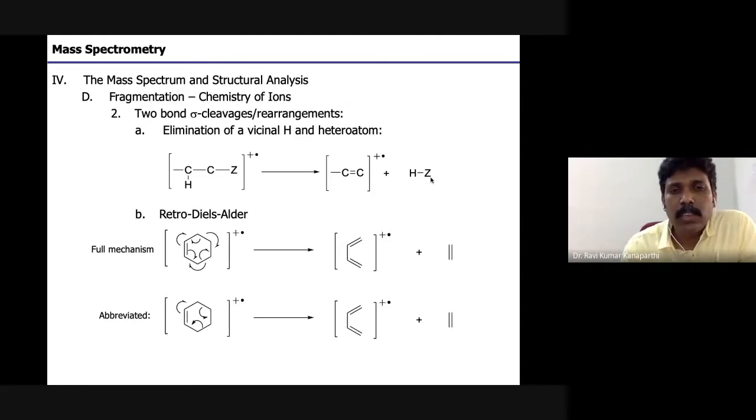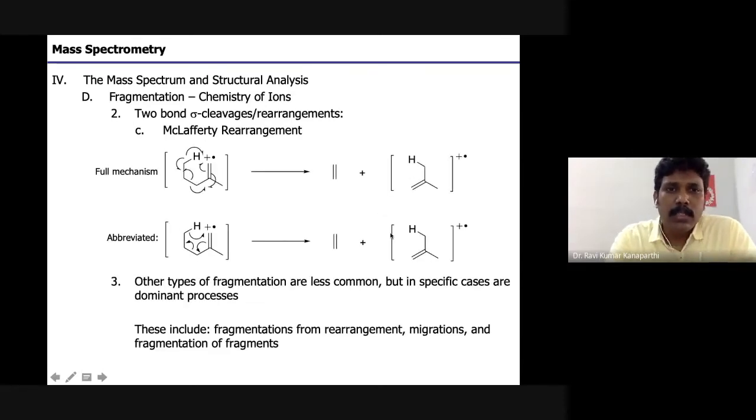This type of thing will be cleaved from the molecular ion. That is another thing. And the retro Diels-Alder we already discussed. If you have a cyclic compound with a double bond, it will undergo cleavage at the allylic position. That is one thing. And then the Diels-Alder rearrangement can take place and it will form a diene and dienophile. So these are the things.